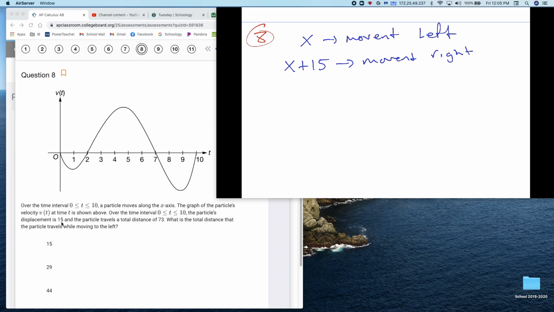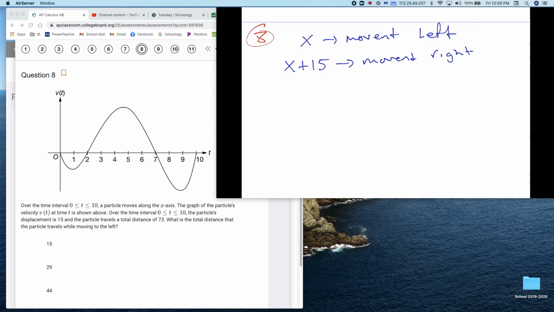To get the displacement, we take those movements, and the two x's would net to 0, but we still have 15 more units moved to the right.